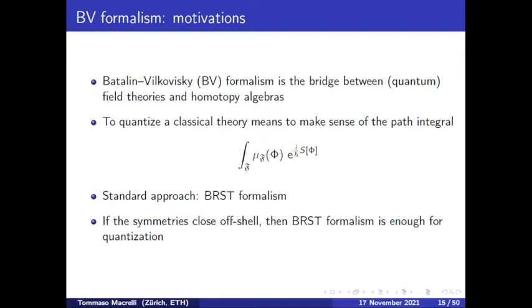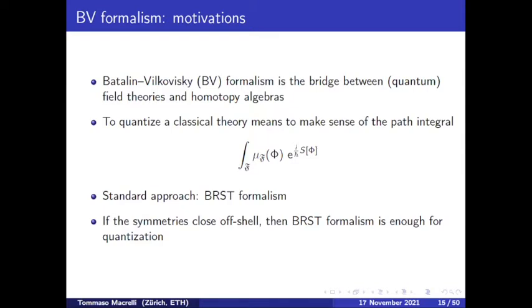BV formalism is a formalism that was developed to gauge fix and quantize complicated gauge theories. To quantize a theory, for me, means to make sense of the path integral. We know that usually this object is ill-defined, and the standard approach to cure this illness is BRST formalism. BRST formalism for standard gauge theory, for Yang-Mills theory, for example, is enough, but this is because the symmetries of the theory close off shell, or in other terms, because we have a BRST complex that is a complex also off shell.